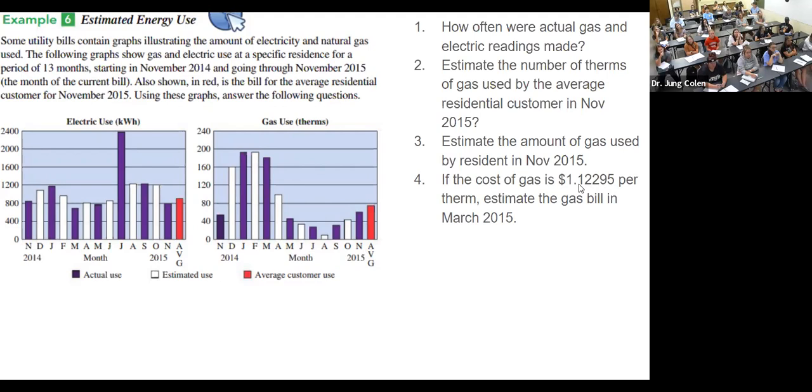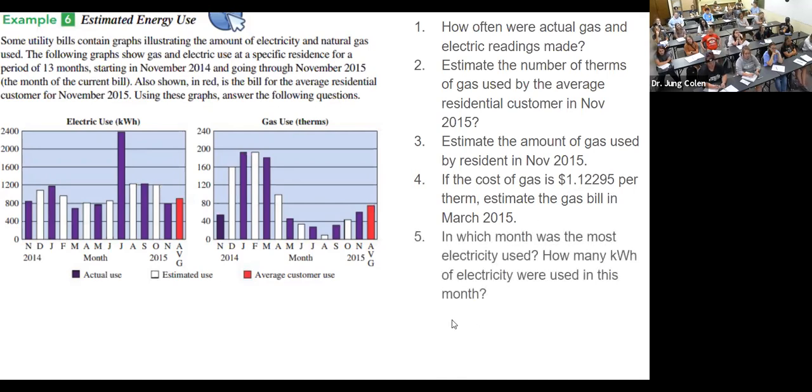So 180 times 1.12295. You don't want to do that, right? So you want to round it to the nearest dollar? Or 1.1? Either way. Okay? If you do that by 1, what do you get? 180. Well, since we underestimated, the actual value should be greater than that. Right? Okay.